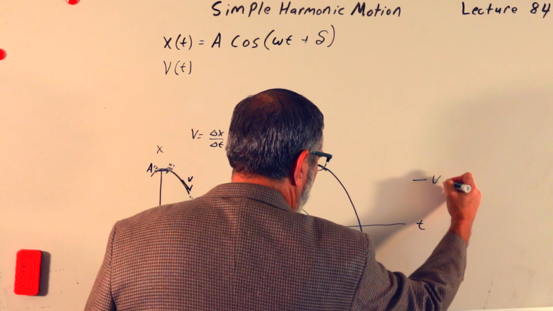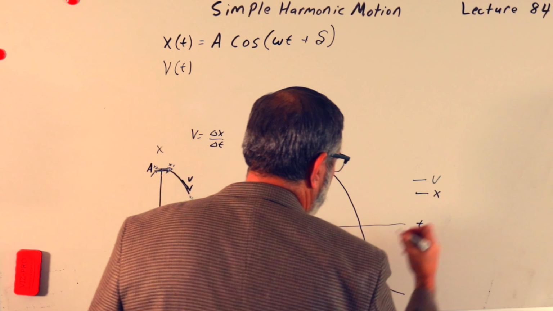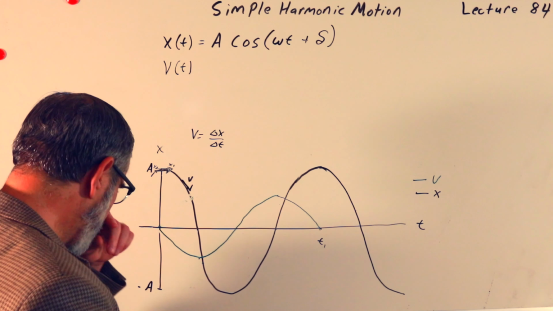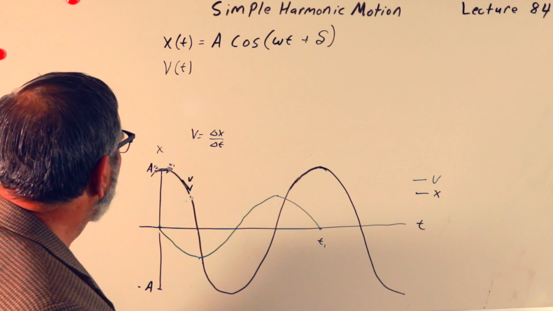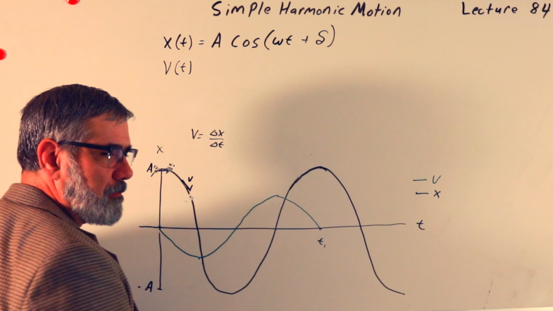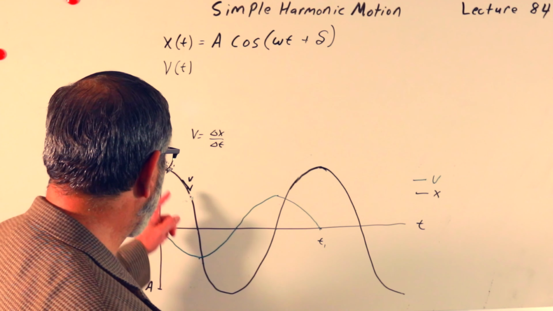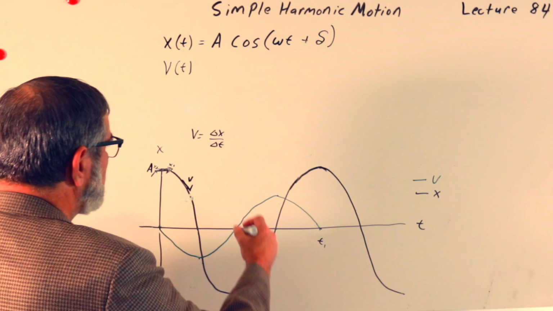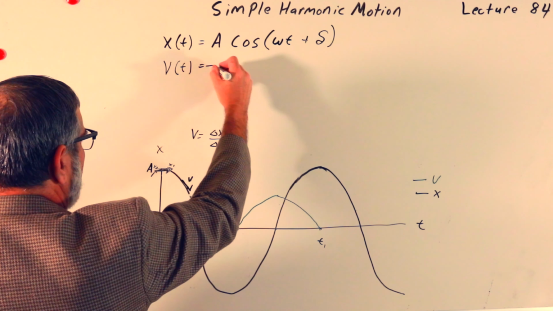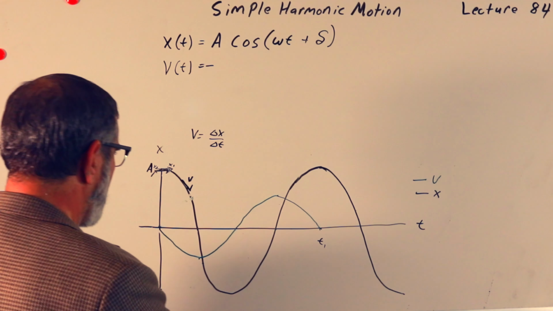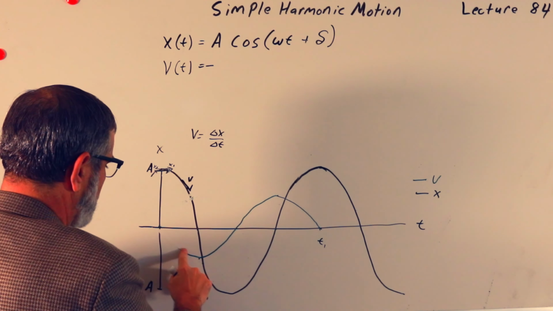So velocity versus x. If it's 0 here, you can see it's still some kind of sine wave. Whether it's a cosine or a sine depends on where the starting point is. It turns out it's going to be a sine wave, and it'll be negative. So we have to multiply this times a negative number, which means I really should have drawn it the other way, because we have the negative sign in there. So let me just fix the drawing.